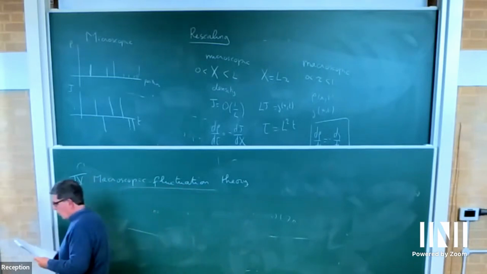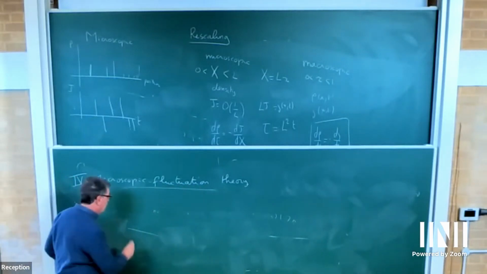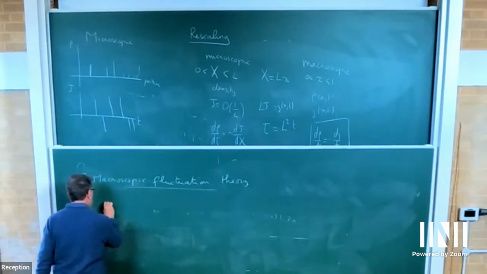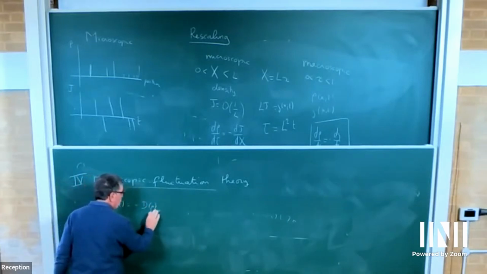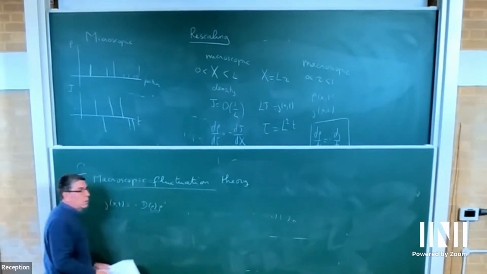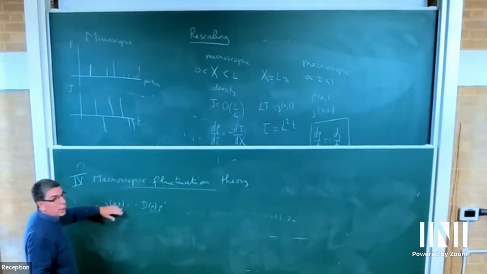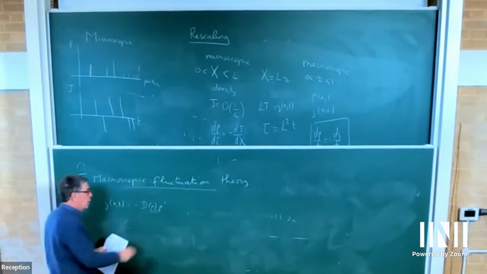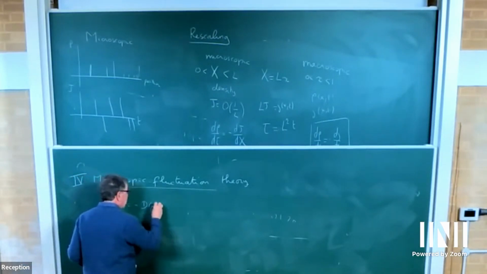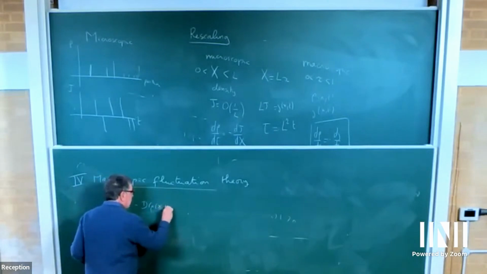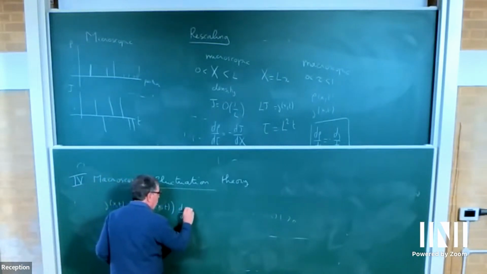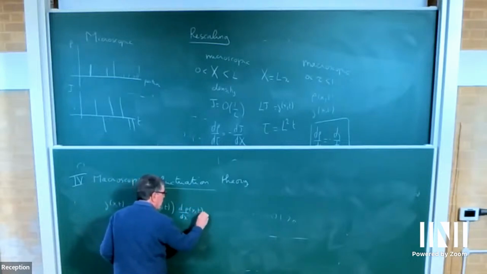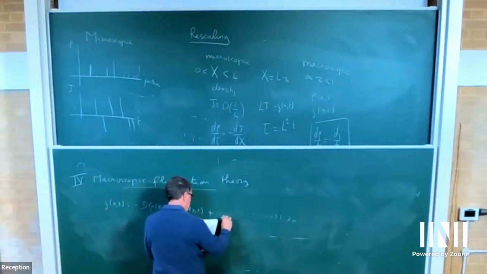And what you write is that the current here satisfies the equation we had before. So here everything depends on x and t. J will be minus D(ρ) ∂ρ/∂x plus some noise.